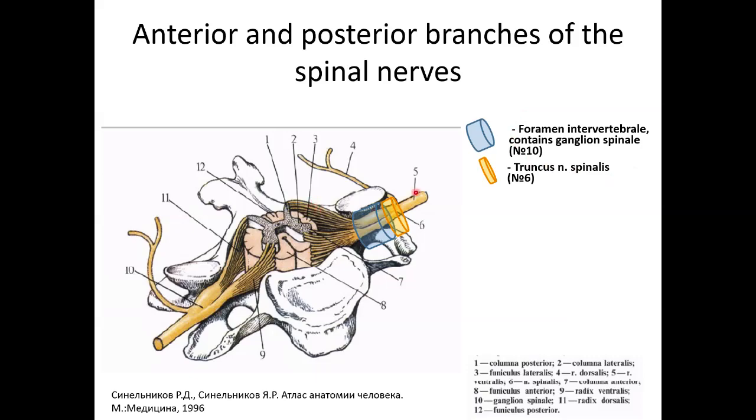So after two radices were connected, this next part of nerve is named truncus nervi spinalis.